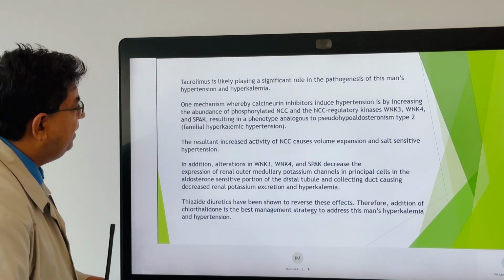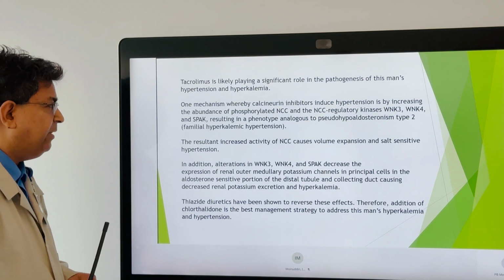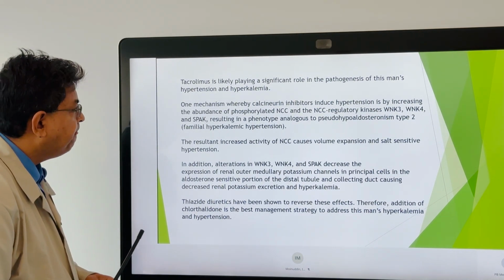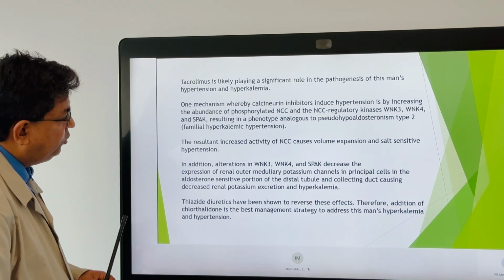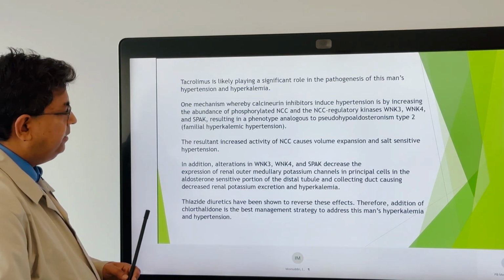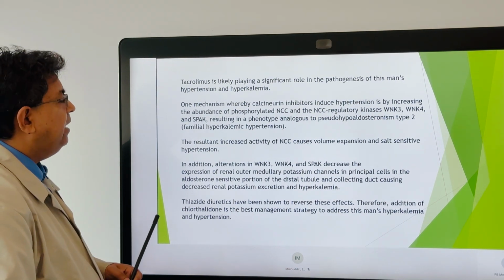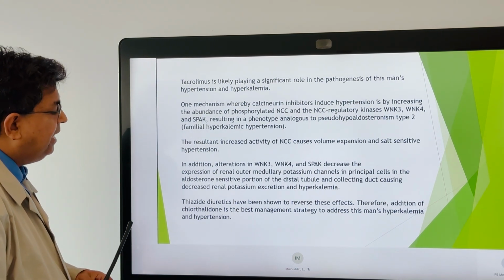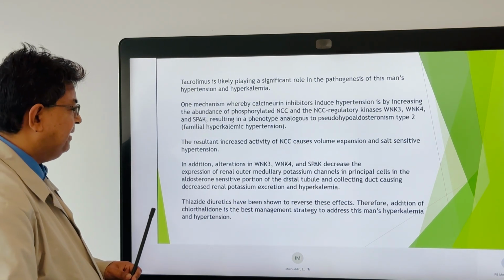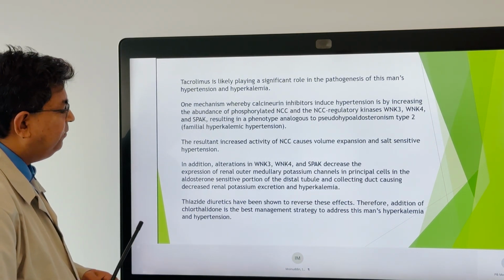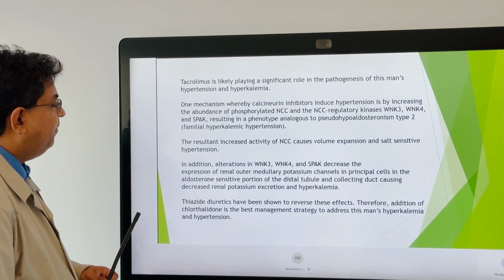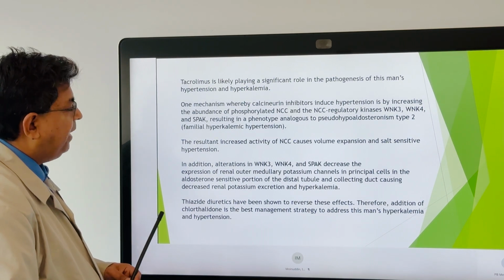Tacrolimus is likely playing a significant role in the pathogenesis of this man's hypertension and hyperkalemia. One mechanism whereby calcineurin inhibitors induce hypertension is by increasing the abundance of phosphorylated sodium chloride cotransporters and the NCC regulatory kinases, the WNK kinases and SPAK, resulting in a phenotype analogous to pseudohypoaldosteronism type 2, familial hyperkalemic hypertension.